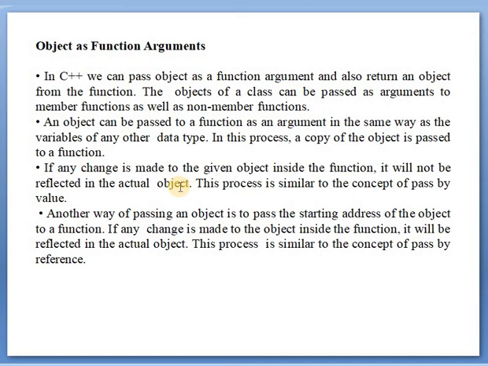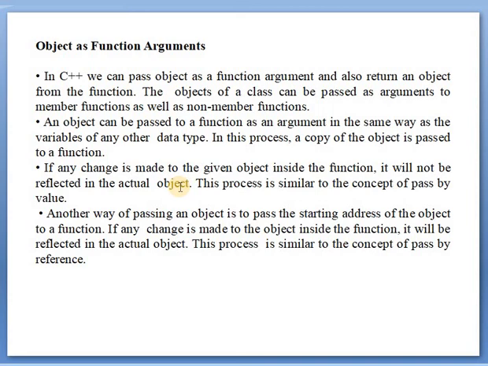Another way of passing an object is to pass the starting address of the object to a function. This is nothing but pass by reference. If any change is made to the object inside the function, it will be reflected in the actual object. This process is similar to the concept of pass by reference. So what is the difference between pass by value and pass by reference?